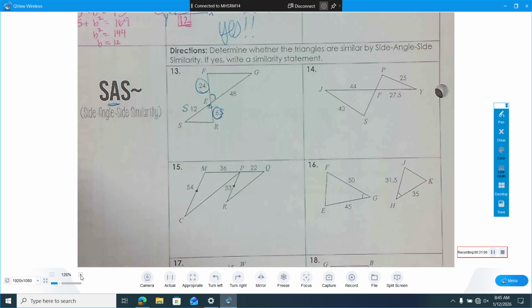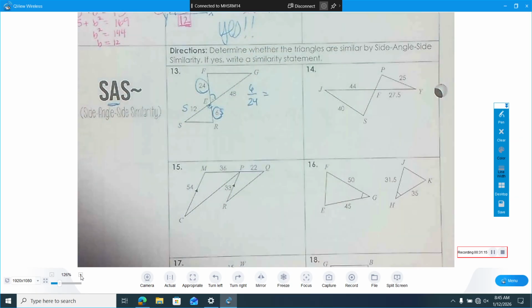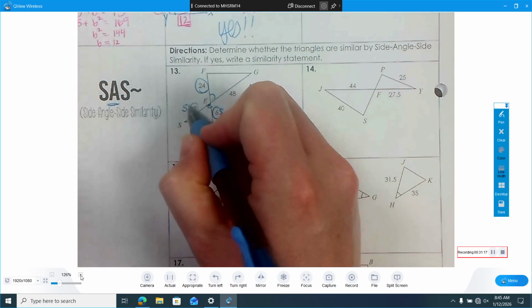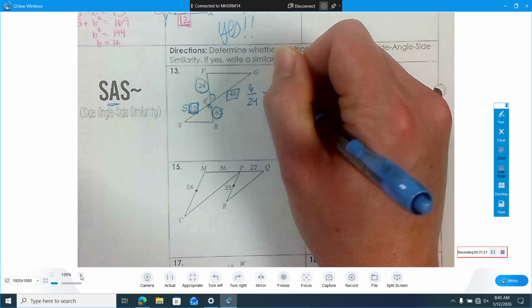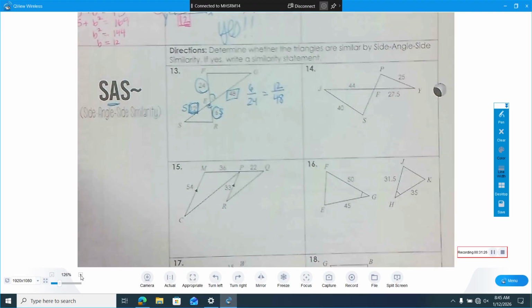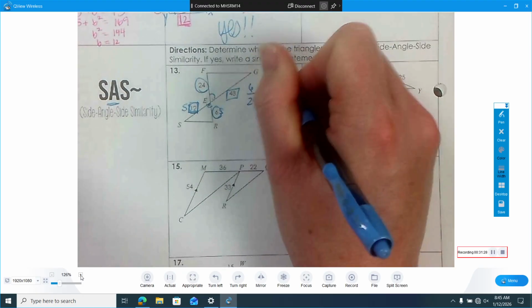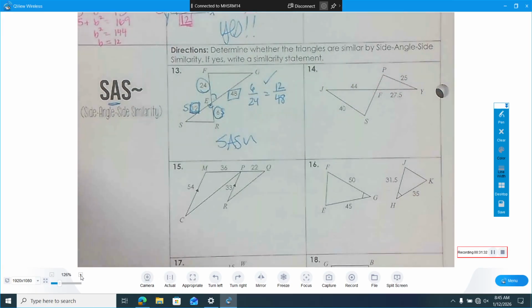It switches, it does, but I went with short and short. Okay, got to use the smaller length. So 6 over 24, and then 12 over 48. So the longer side over the longer side. And that reduces to 1/4, and that reduces to 1/4. So they are equal. By side, angle, side, similarity. They've got it.